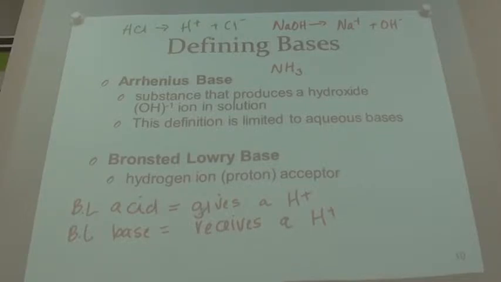NH4 plus. I will tell you that on the other side of the arrow, ammonia becomes the ammonium ion. Do you think that ammonia is a Bronsted Lowry acid or base? Base. It's definitely a base. It received a hydrogen ion.